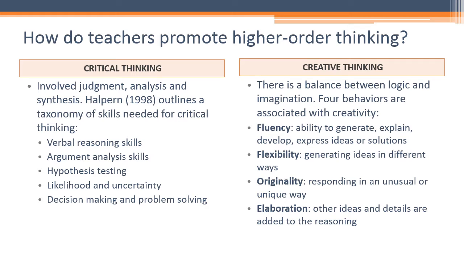Next, flexibility. So generating ideas in different ways. Okay, so when it comes to the flexibility behavior of creative thinking, the child is challenged to solve a problem not only in one specific way, but in different ways. Okay?